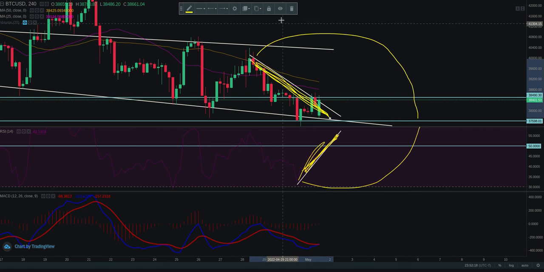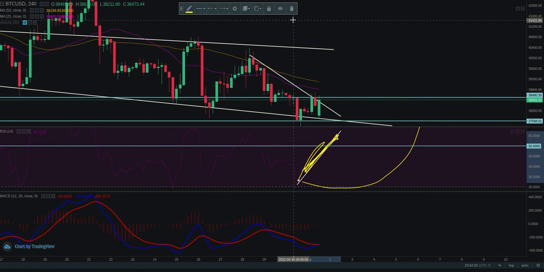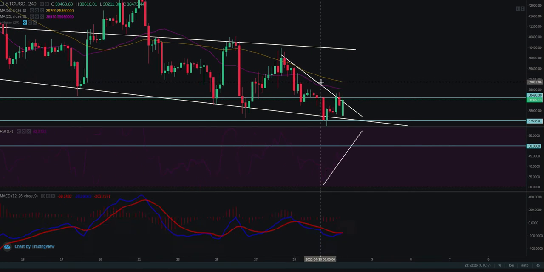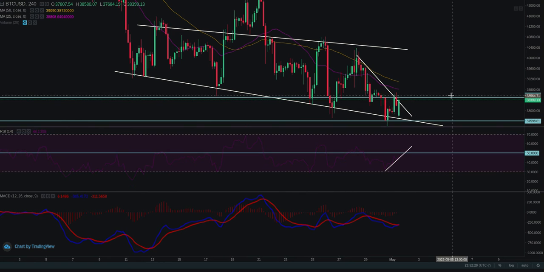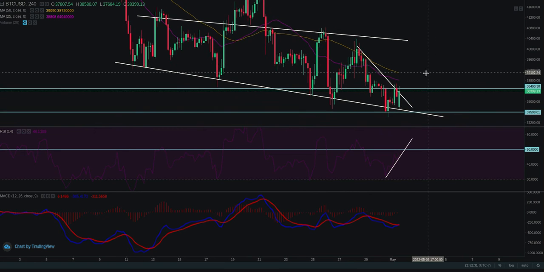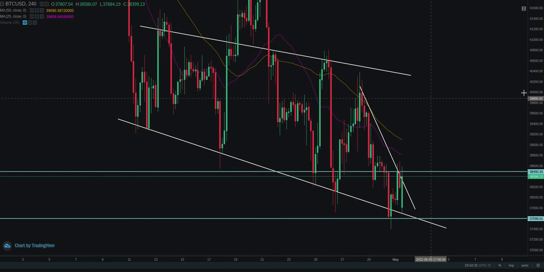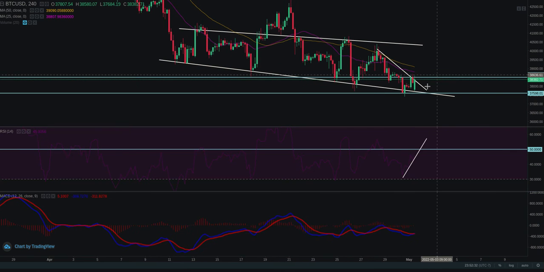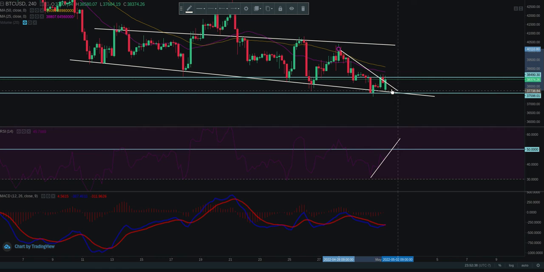Let's see what it looks like on a bigger time frame, but yeah, that's what I noticed doing that, there is a bullish divergence now. So with the bullish divergence, we got to make sure it's confirmed on maybe even a bigger time frame.